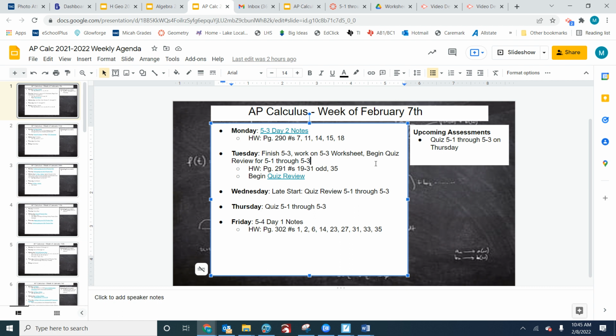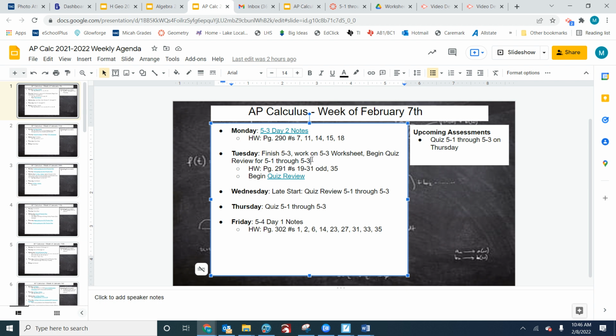They're kind of challenging, not so much those on the quiz, but still good practice. The quiz review is posted blank, so you can work on that right now. And you've got some homework to finish up from 5.3. These are the 3 things we're working on right now. You've got 15 minutes and then some of it's for homework.